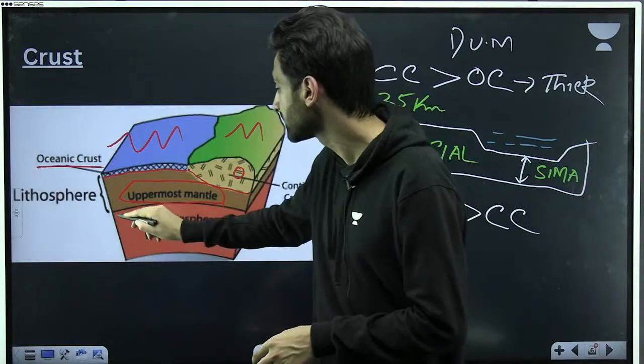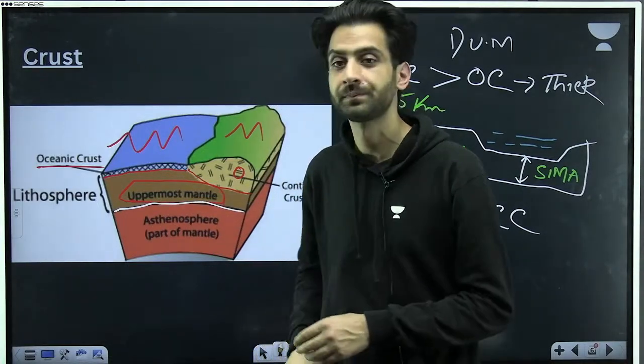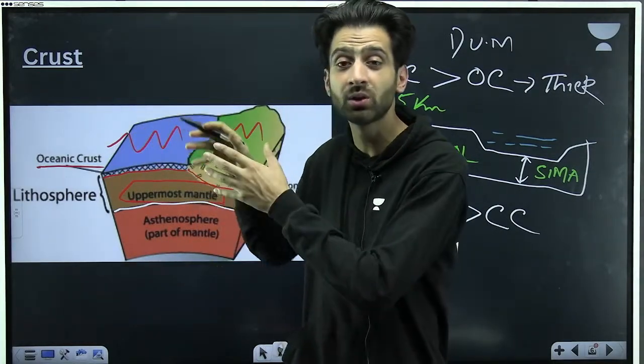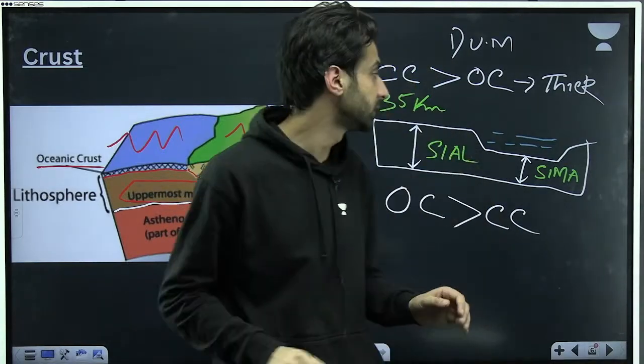If you look at this here, this is the end of the lithosphere. Clear? So the crust, starting from here, can be the continental crust as well as the oceanic crust, and the uppermost part of the mantle.